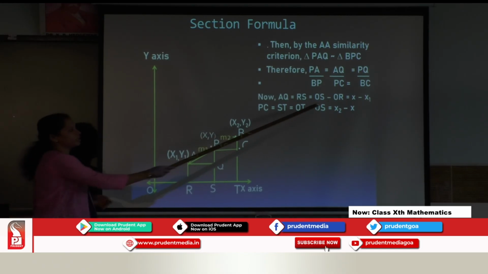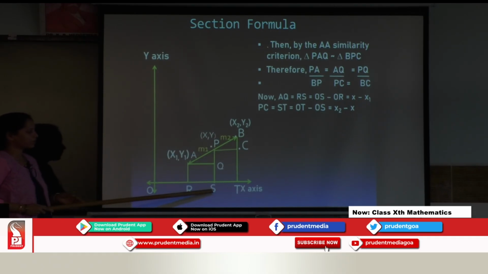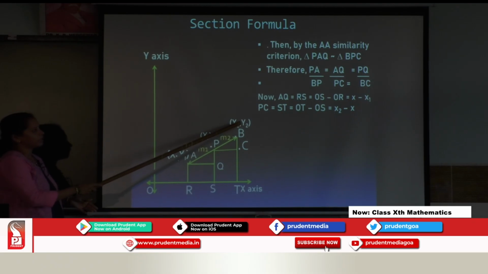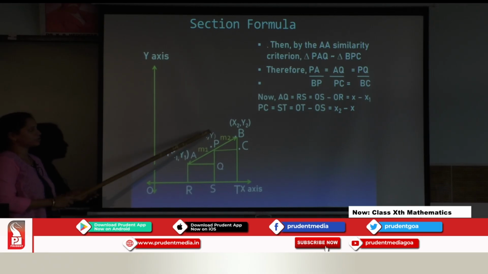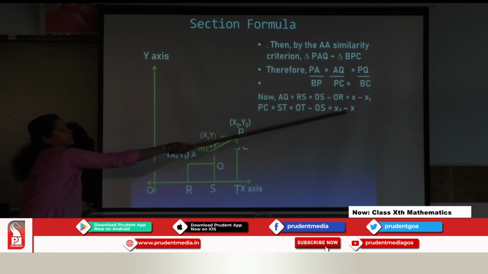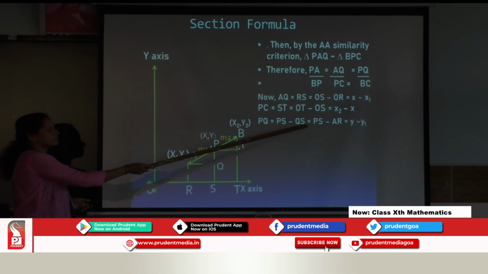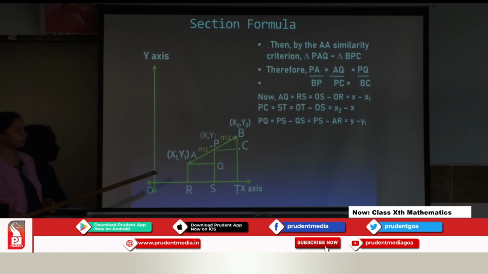So it is equal to X minus X1, and PC is equal to ST, which is equal to OT minus OS, and OT is equal to X2 and OS is equal to X. So it is X2 minus X. PQ is equal to PS minus QS, where QS is equal to AR. So PS minus AR, which is equal to Y minus Y1.